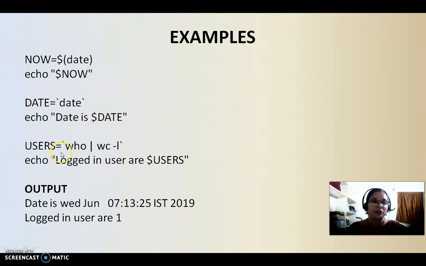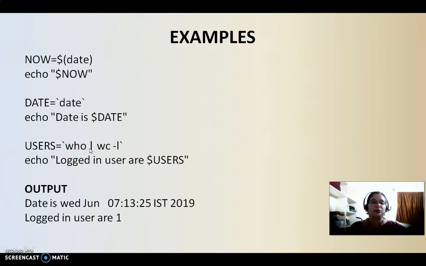And one more thing, users=$(who | wc -l). Okay, wc -l means the number of lines. wc is a command which represents the word count. So how many lines are there in that particular who command.